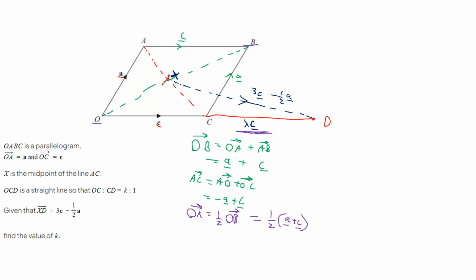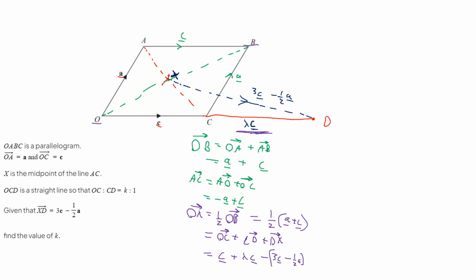But if we were to find O to X the old-fashioned way, it's the same as OC plus CD plus D to X, right? We're left with C plus lambda C minus (3C plus a half A).